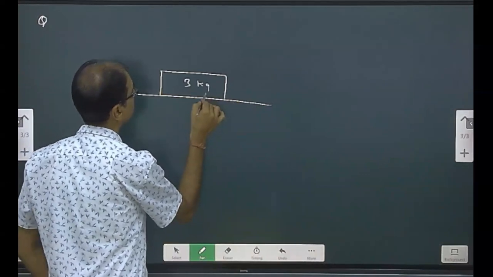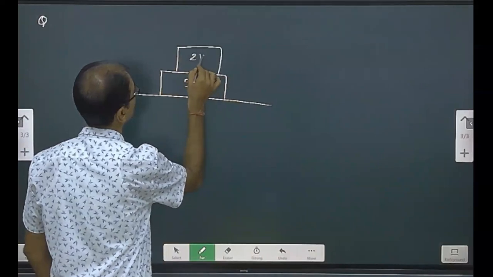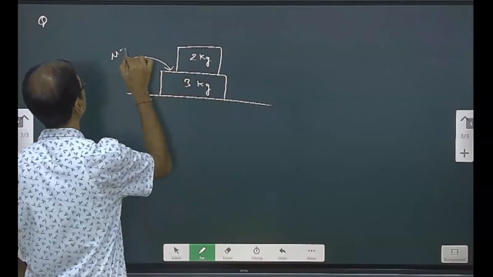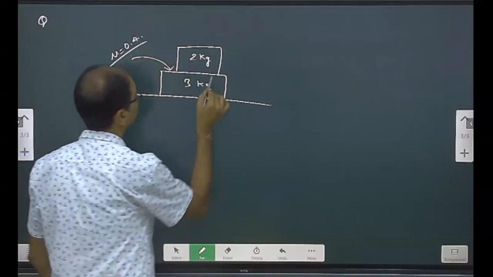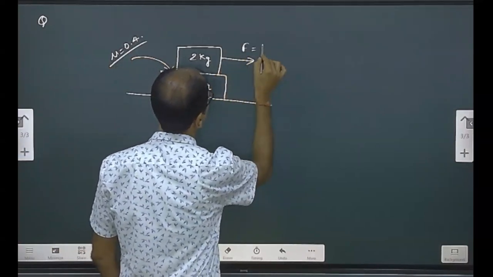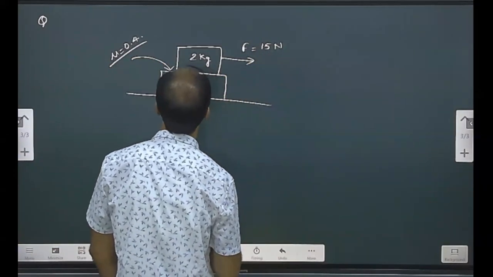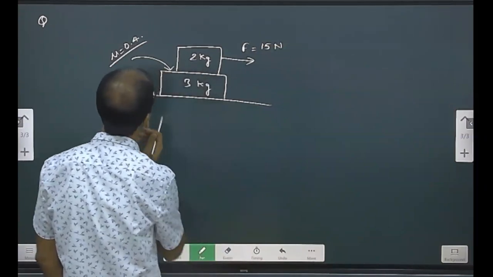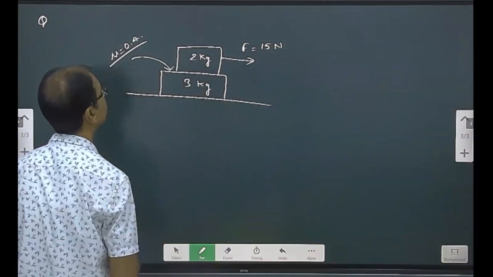Three kg, 2 kg, friction 0.4, and force is 15 Newton. Force 15 Newton.